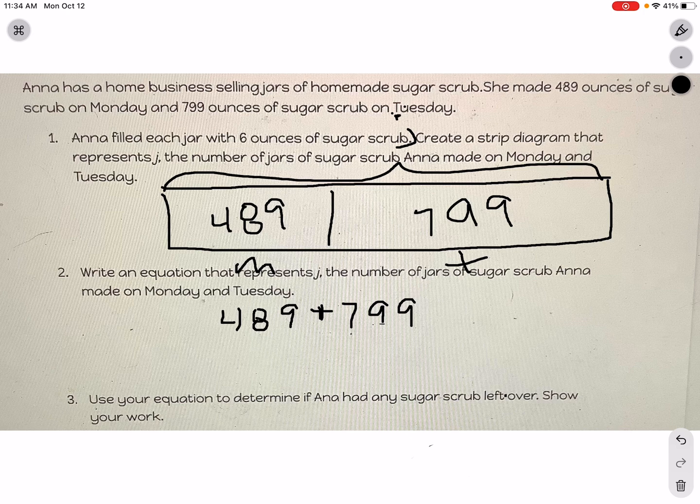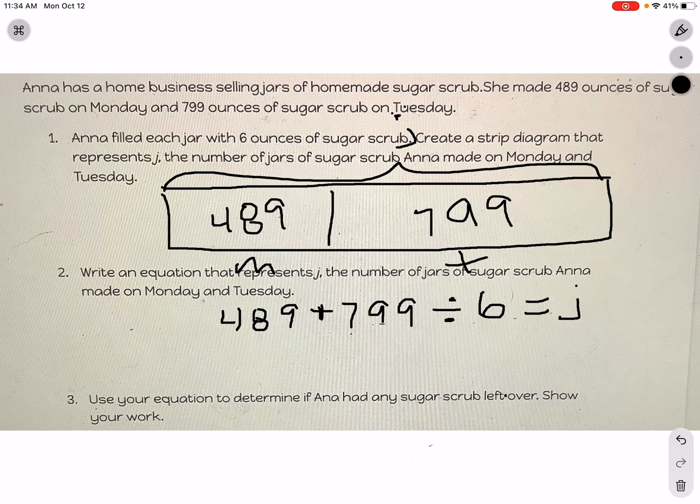And then we know that she made jars that had 6 ounces each. So to figure out how many jars she made, we need to divide the total number of ounces she made by 6. And that will give us what we're looking for, J.